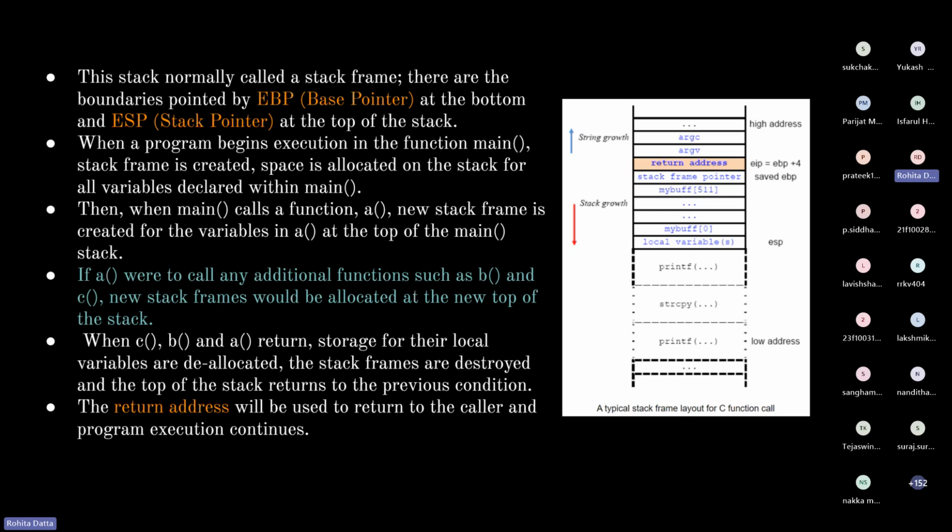So you saw that there was something being stored at RBP minus 4. There was another integer stored at RBP minus 8. So it's used as a reference for where you can place all your variables. After this, there's a return address that'll be used to go to the next instruction in the code segment.